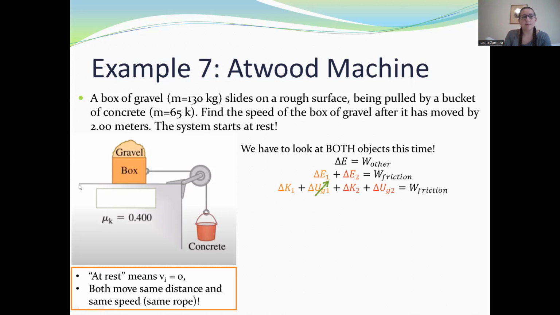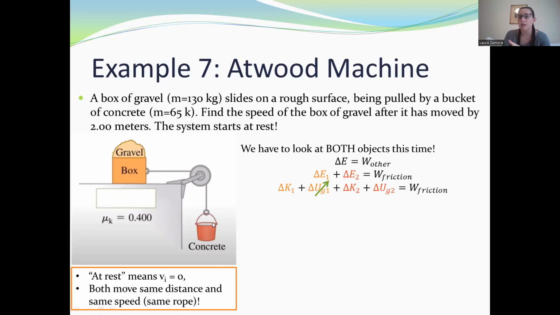So if this table level is my reference height of 0, that means this gravel box, as it slides along the table, is not changing its gravitational potential energy at all. So we can immediately cancel out this term. Right, the gravitational potential energy does not change because this gravel box's height is not changing.